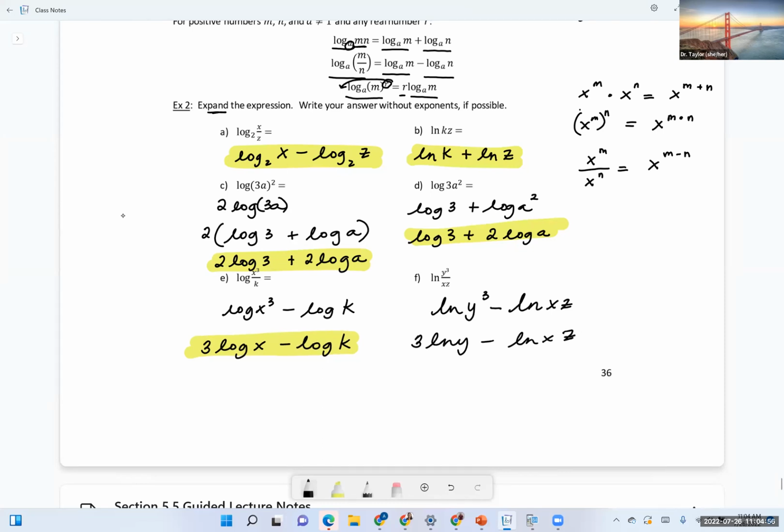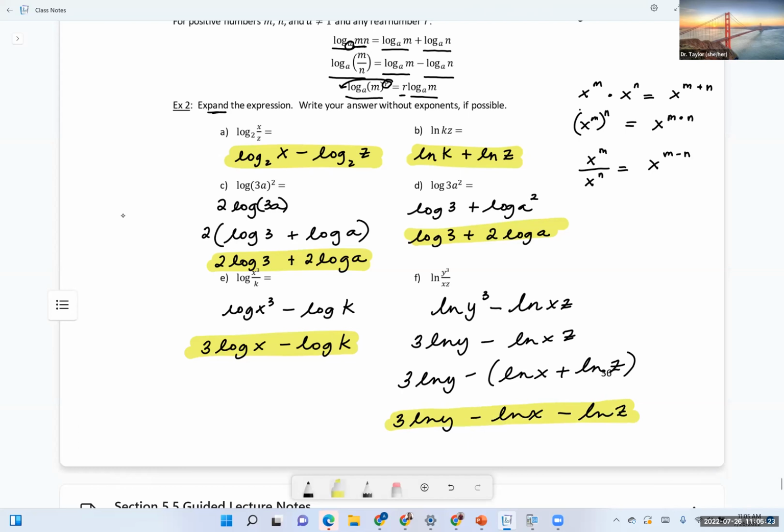Ln xz is a multiplication, so we can write that as 3 ln y minus the quantity ln x plus ln z. You can stop right there, or you can distribute that negative: 3 ln y minus ln x minus ln z, for the final answer. Any questions?